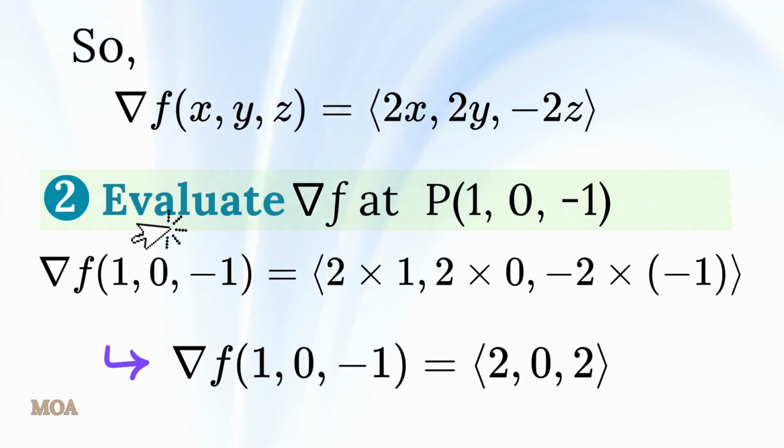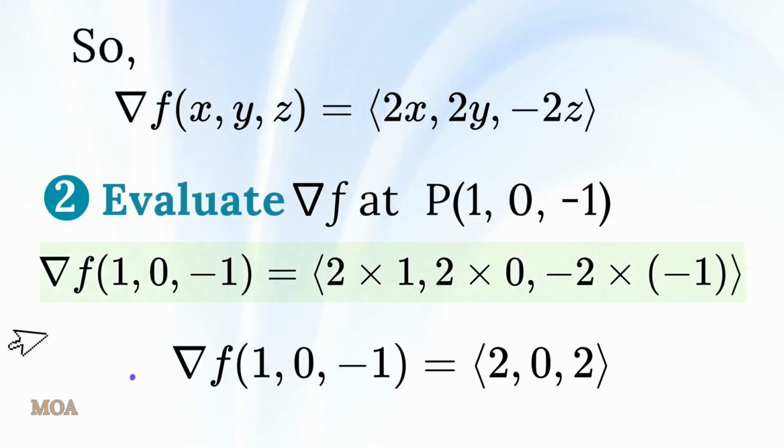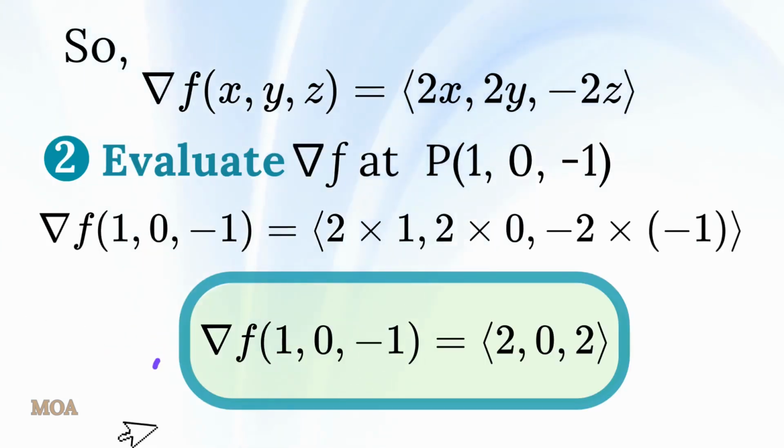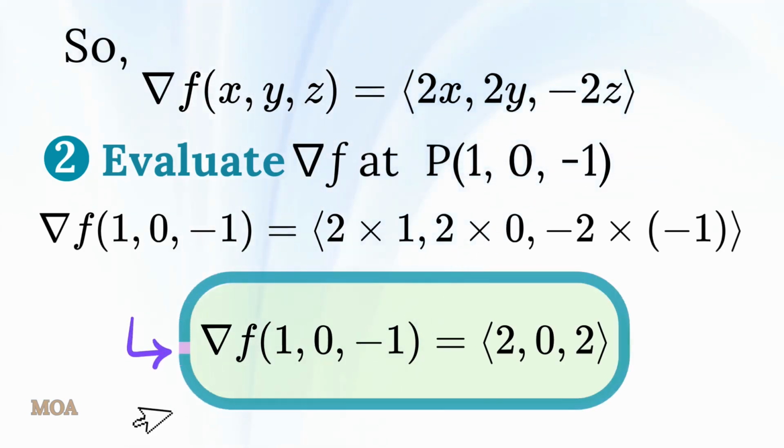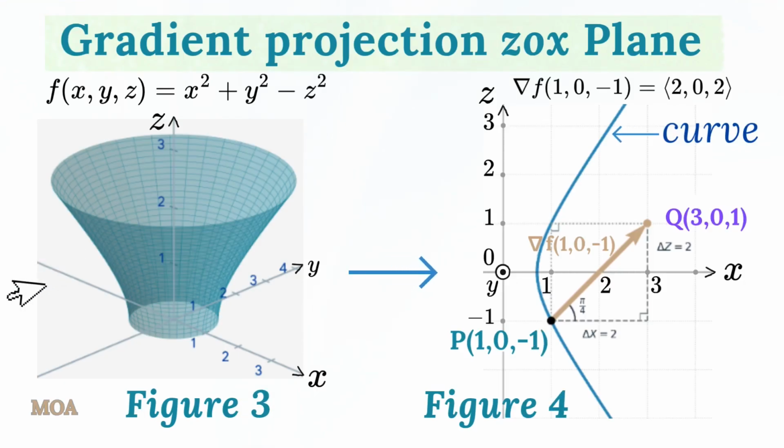To evaluate the gradient of f at the point P, 1, 0, negative 1, we replace x with 1, y with 0, and z with negative 1 in the gradient vector 2x, 2y, negative 2z. This allows us to write the gradient of f at 1, 0, negative 1 equals the vector with components 2, 0, and 2.